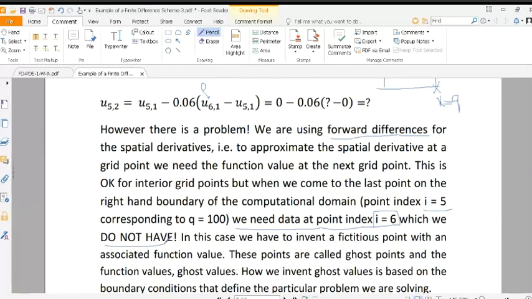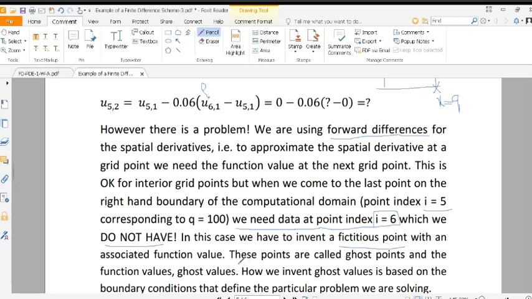In this case, we have to add a fictitious point. In this example, the fictitious point is x6.